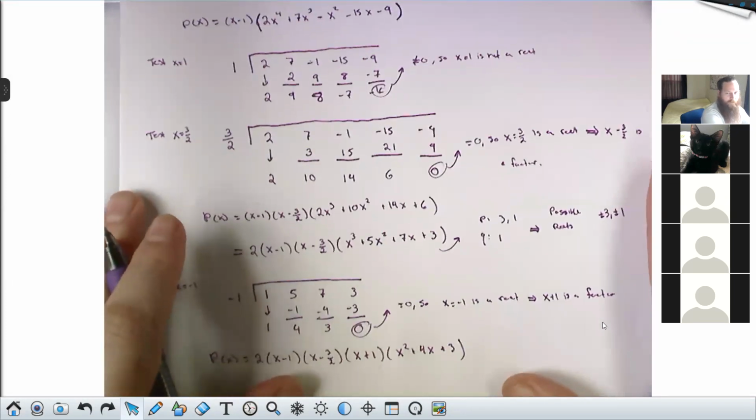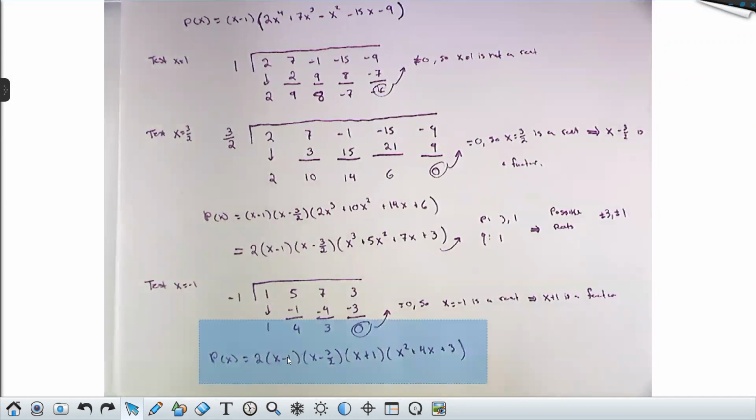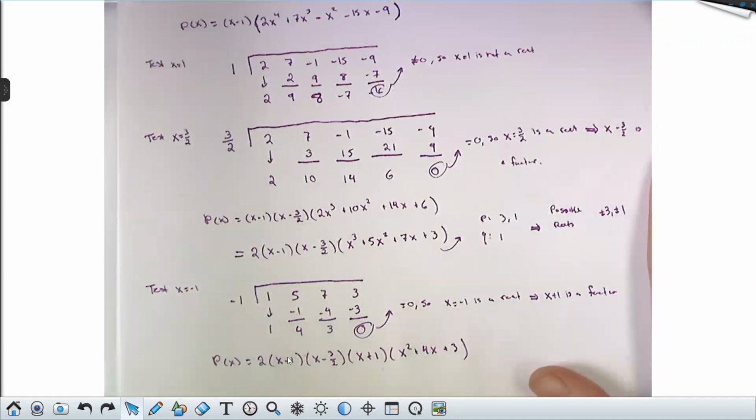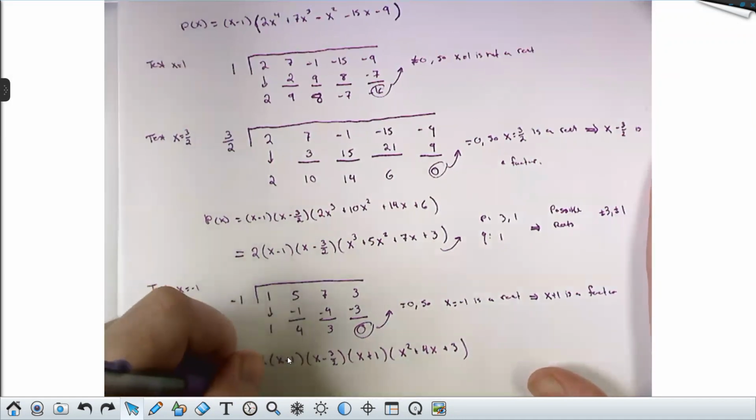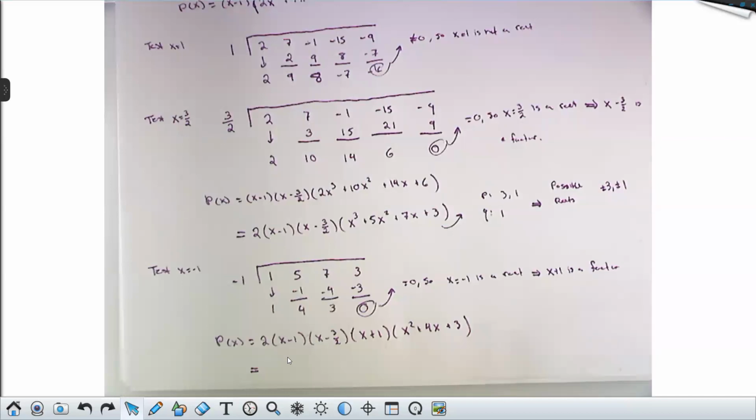And now that we've gotten down to a quadratic, we don't need to use any more synthetic division. Questions up to here? Okay.